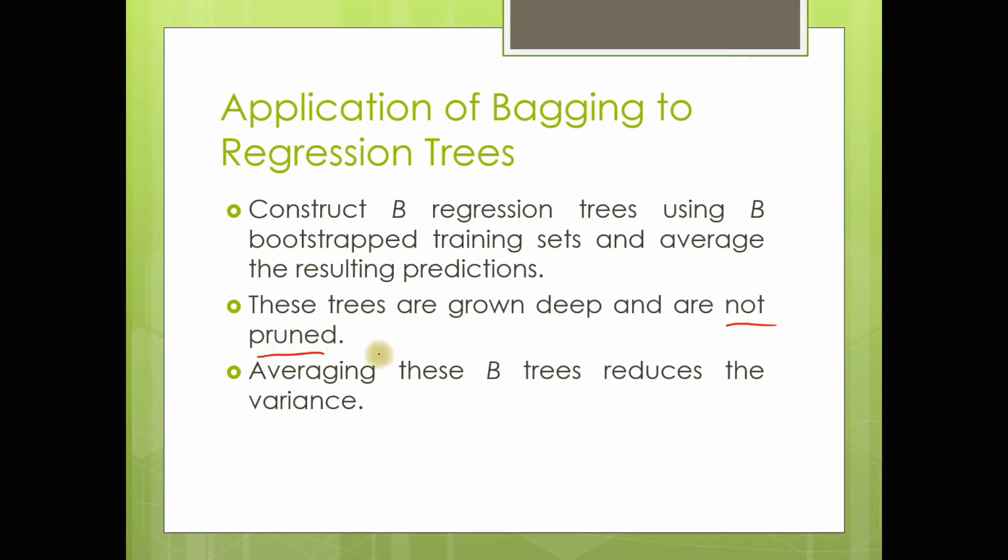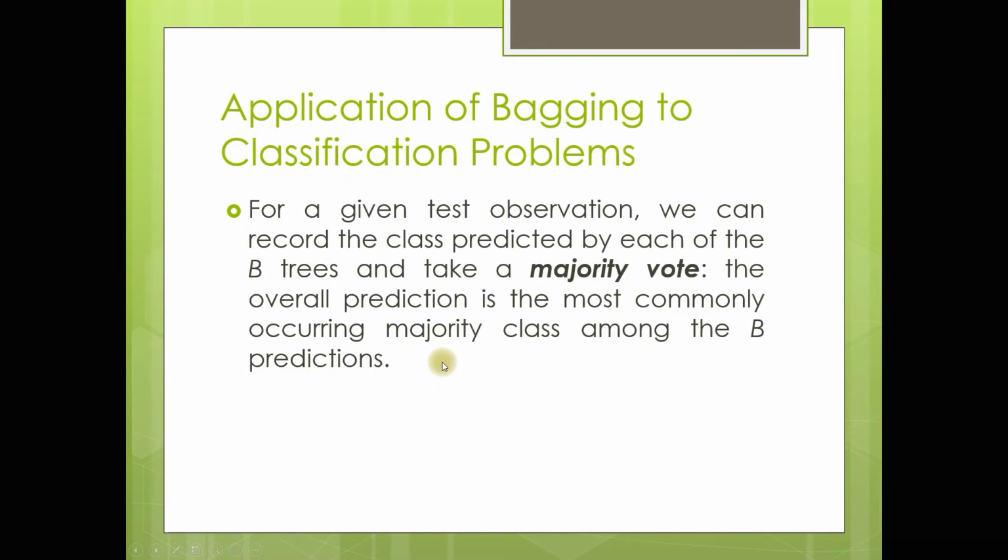Then, of course, based on what I explained earlier, these trees are supposed to reduce the variance. And for a classification problem, we can take a majority vote, which I explained a little earlier. The majority vote refers to the overall prediction being the most commonly occurring class among the B predictions.